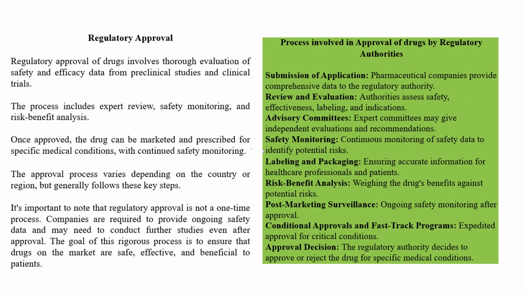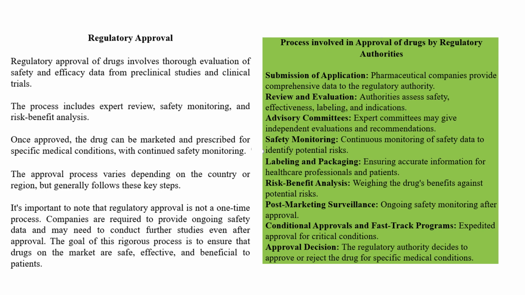Regulatory approval: once the drug has successfully undergone the clinical trial, regulatory bodies such as FDA, EMA, etc. analyze the data, which may involve review, safety monitoring and risk benefit analysis. Once they give approval, the drug can be marketed and prescribed for specific medical conditions. The approval process varies from country to country.